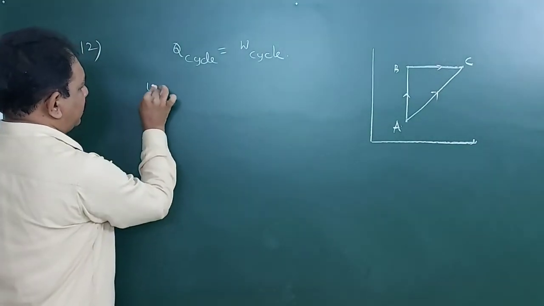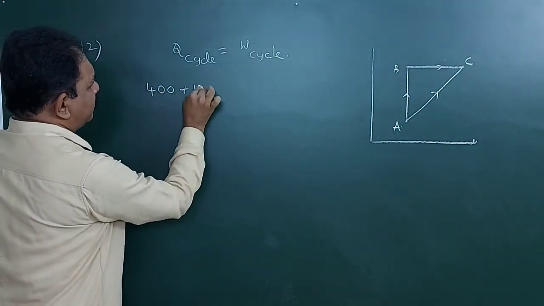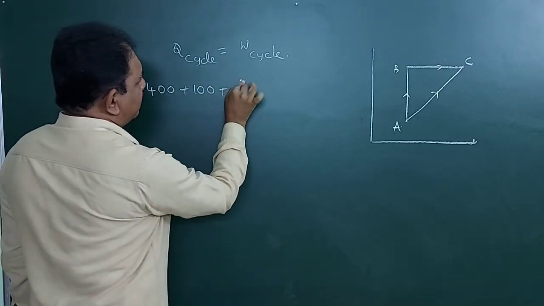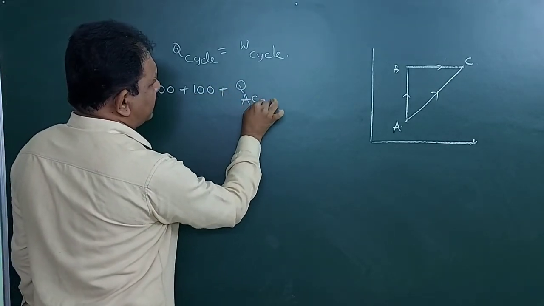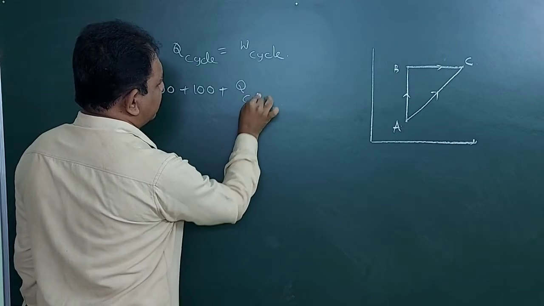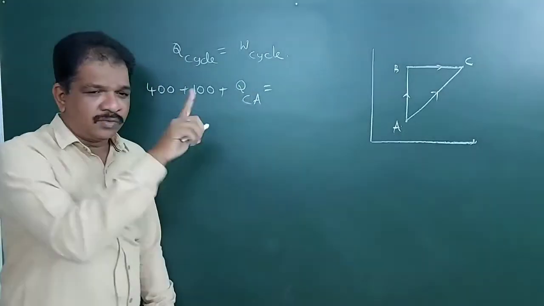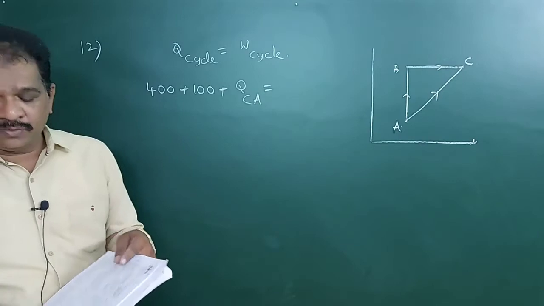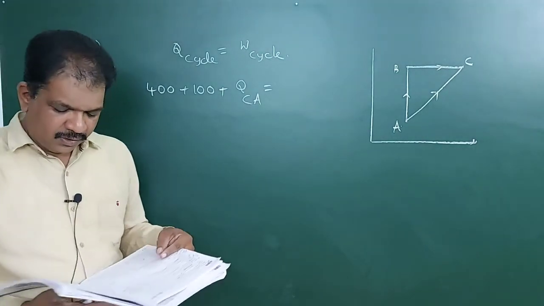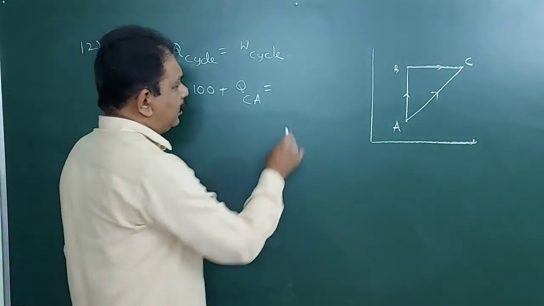A to B 400 joules, B to C 100 joules, plus Q C to A, we will calculate from total work done. In that, delta U value will be equal to 0. So half into area.